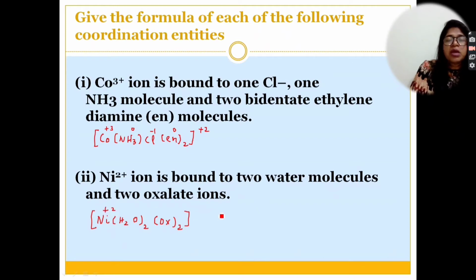Plus 2. Now oxalato, you write it as COO minus COO minus, right? Means it has 2 minus. Charge of H2O is 0. Charge of 1 oxalato is minus 2. 2 will be minus 4. Minus 4 plus 2, outside the coordination entity, minus 2. So this is the charge of the complex. This is how you represent the formula when they give you names.